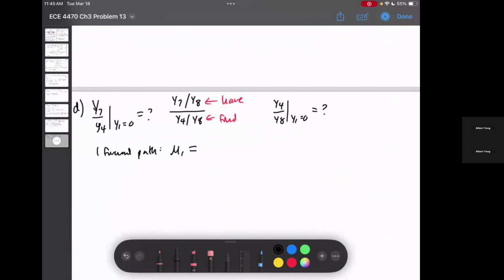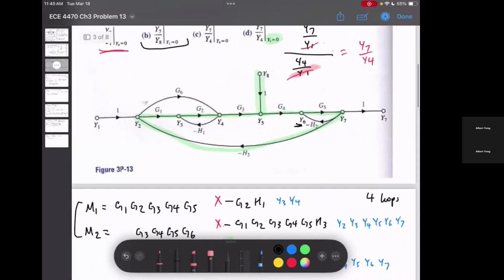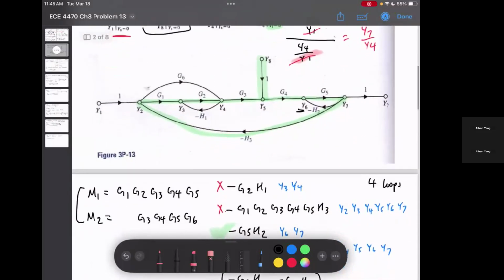Then m1 is equal to, then it's going to be a long one. So let's see. I'm going to write it here instead. So it would be G4, G5, then H3 is negative, then G1, G2, and then it stops at y4. So it's just going to be G2.